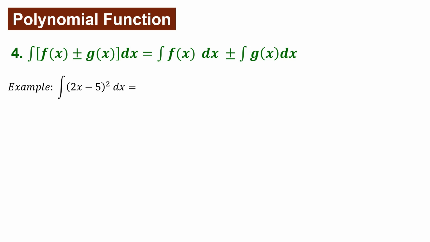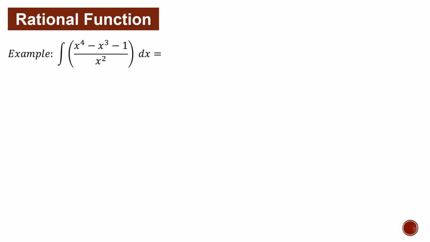All right, let's go to the next one. And here we have a rational function: x raised to 4 minus x cubed minus 1 over x raised to 2. So what we can do here is apply that fourth theorem that I discussed earlier, but we need to separate the addends here.